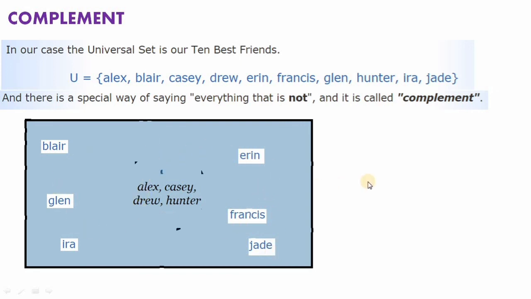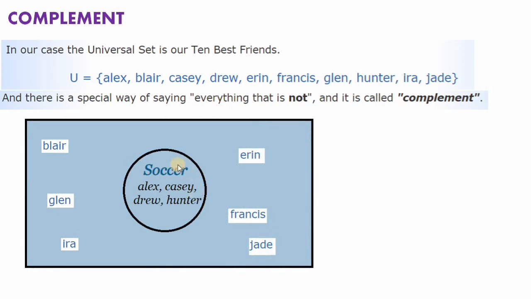Now from here I am choosing only this much, and these people give me the set of people who play soccer. That means these other people are the people who do not play soccer. So that's why the complement, the shaded yellow part, gives you the complement of set soccer.